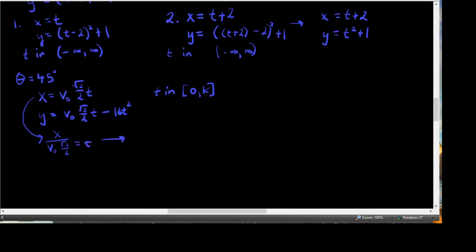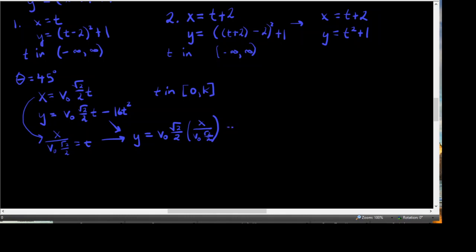And then I'm going to take the y equation and replace the t in each case, because it shows up twice. I'm going to replace that t with x divided by v sub naught square root of 2 over 2. You might have noticed I didn't simplify that complex fraction, because I was looking ahead and I saw that the square root of 2 over 2 was going to cancel nicely, so I didn't mess with it.